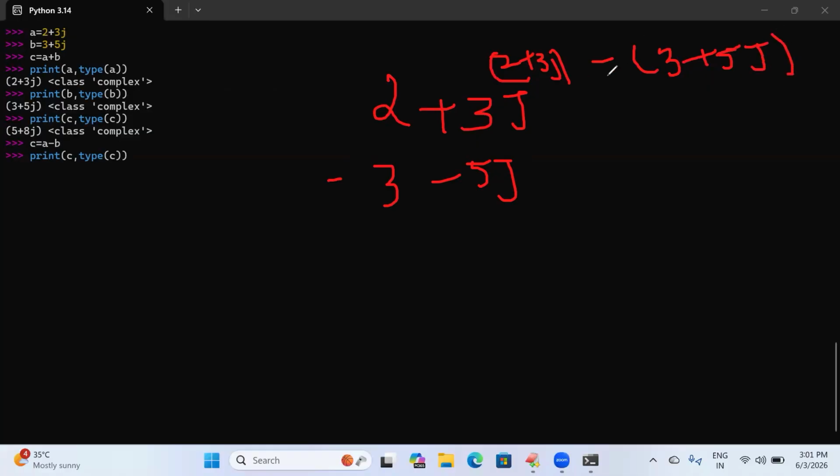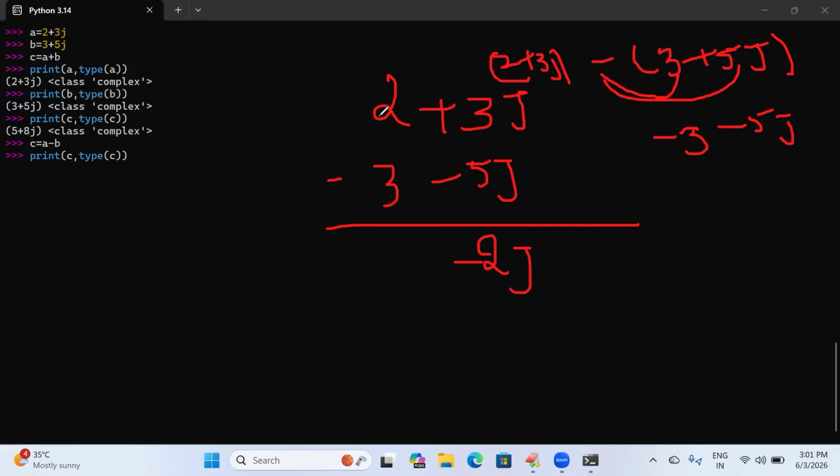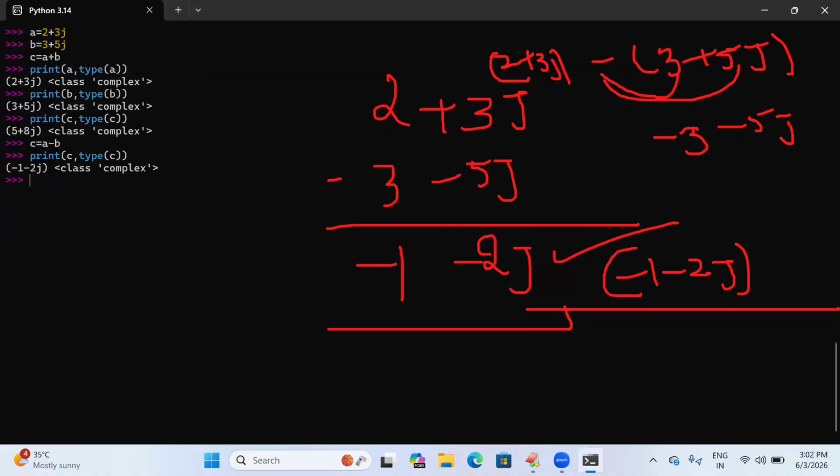This is one value, so the minus is multiplied with these values also. So the answer is minus 3, minus into plus minus 5j. So we are going to subtract this one. Here 3j minus 5j is minus 2j, and 2 minus 3 is minus 1, right? So let's see. Come here. I'm printing C. Minus 1 minus 2j. What Python printed is the same as what we did. So like this, subtraction of two complex numbers will be done.